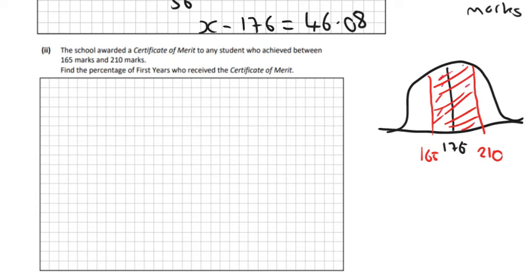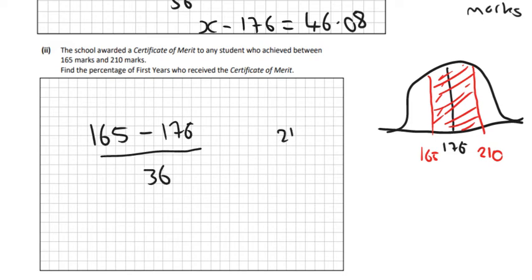For the first one, it would be 165 take away mu, which is 176, all over the standard deviation, which is 36. And for the other one, it's 210 take away 176 all over 36.